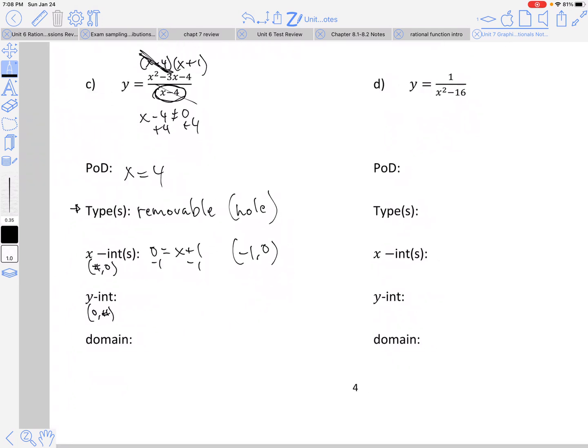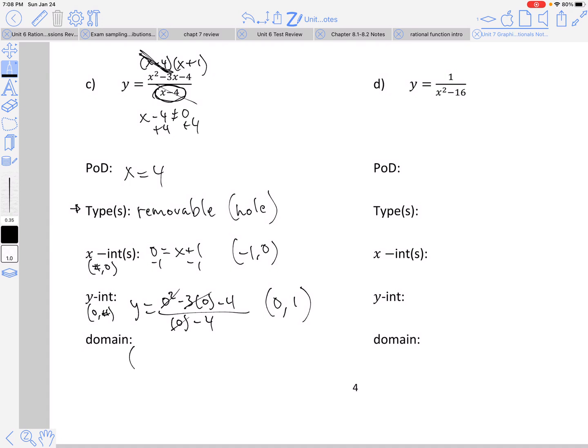Now the y-intercept, when we take that equation and we replace every x with 0, sorry. So 0 minus 4 is negative 4, and negative 4 divided by negative 4 is 1.